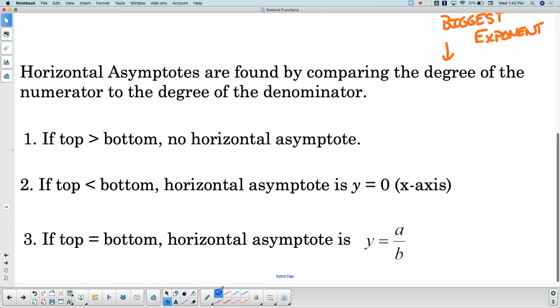And I get a and b from my lead coefficients. A is the lead coefficient of the numerator. B is the lead coefficient of the denominator.